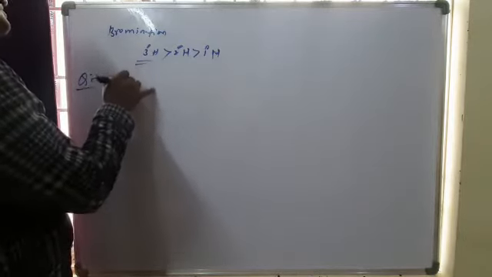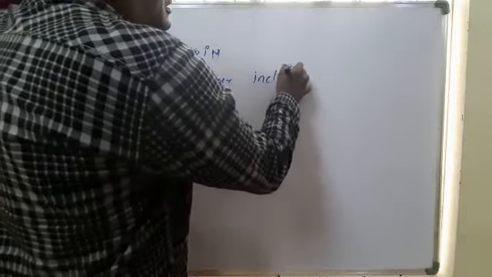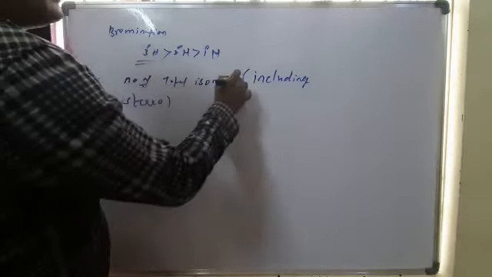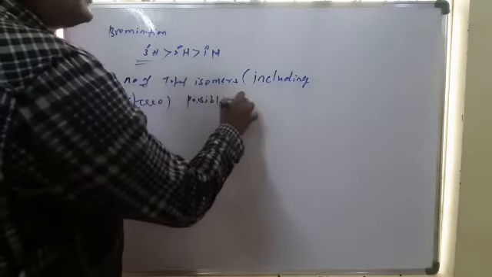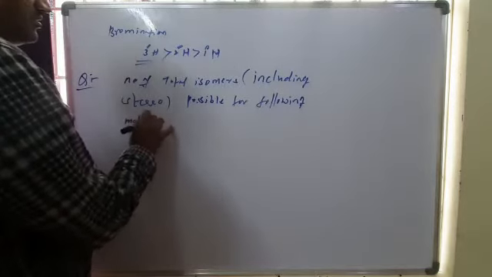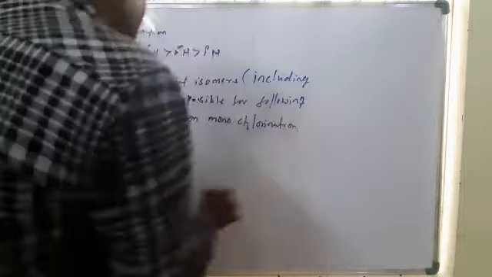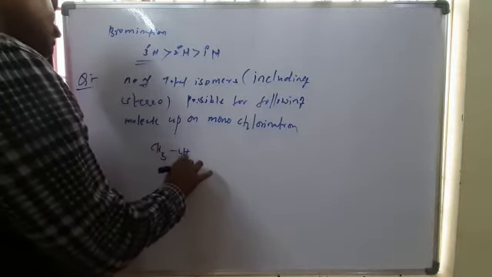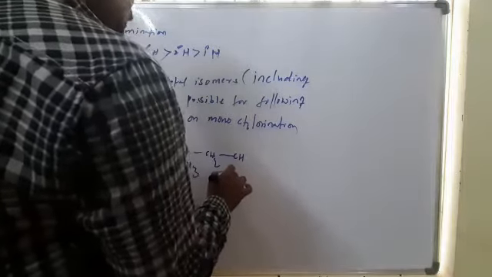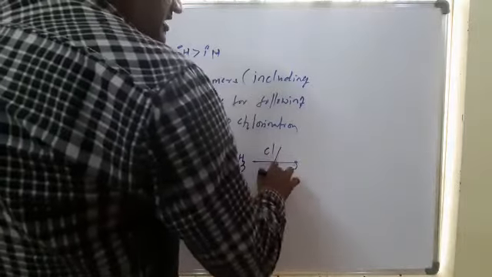Now here is an exam type question: the number of total isomers, including stereoisomers, possible for the following molecule upon monochlorination in the presence of light.